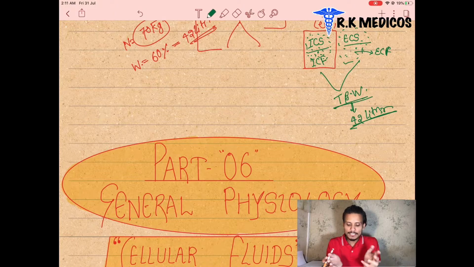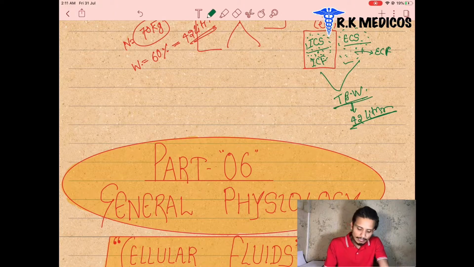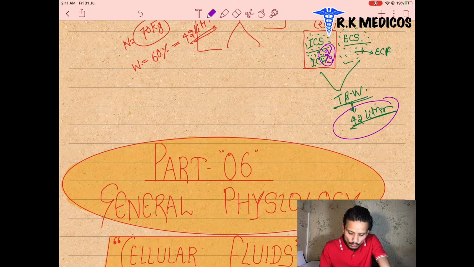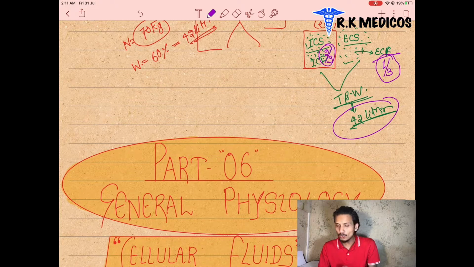It means that two-thirds of these 42 liters is present inside the cells of the body, and one-third is present outside the cell. Now what is two-thirds of 42?